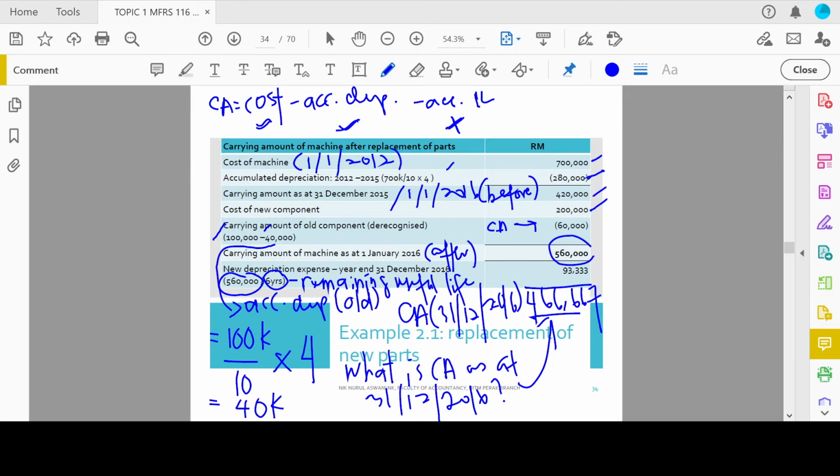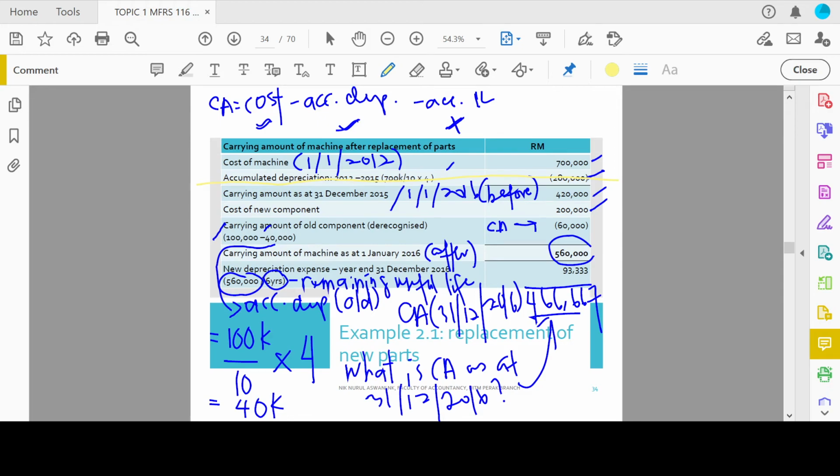We are going to make sure that we include all the transactions that have happened in year 2016, starting from 1st January 2016 to 31st December 2016.